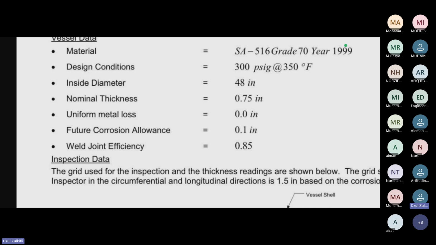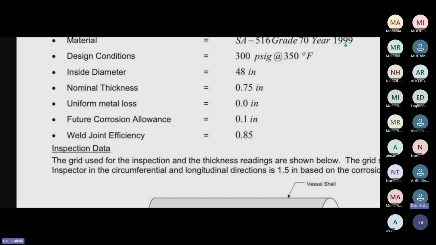Okay, so future corrosion allowance. When you do FFS, like I said just now, you can do it when you actually find a corroded area right now, like there is a problem right now. But if let's say you have a problem that you know is going to happen next year, because the fluid is very corrosive and you don't have time to repair it, then you can also do FFS. And typically, this is where the future corrosion allowance comes in. Basically, this is a value that you can specify in your calculation to determine how much you need.